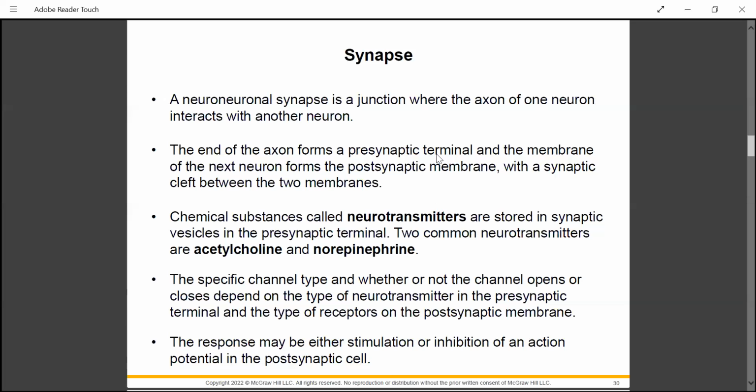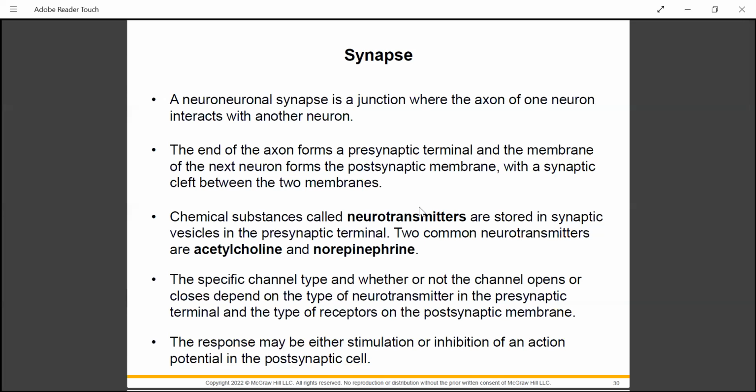Our neurons have chemical substances called neurotransmitters. Even though the signal travels as an action potential, which is like electricity, we actually want to communicate neuron to neuron, so we're going to have neurotransmitters. The action potential can trigger the release of neurotransmitters. Two common ones are acetylcholine and norepinephrine.